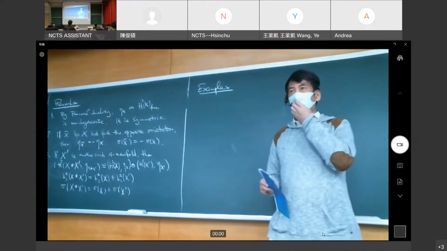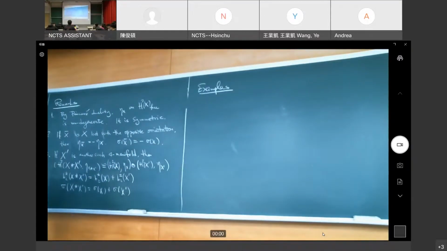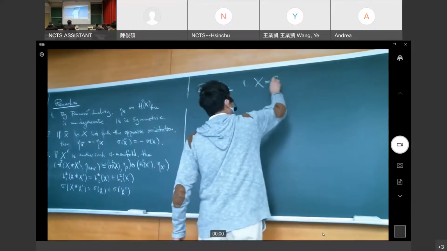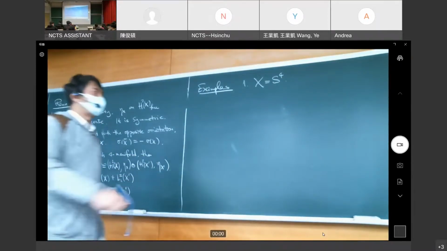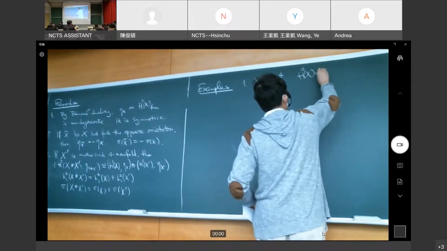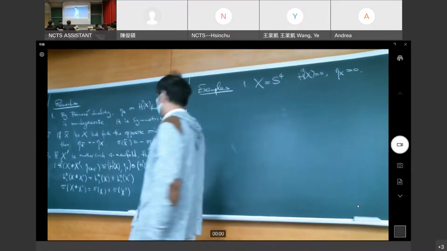But first, let us start with the very elementary ones. The first example is most trivial, and that is the four sphere. The four sphere has a zero second cohomology group, and therefore any form on it has to be 0.